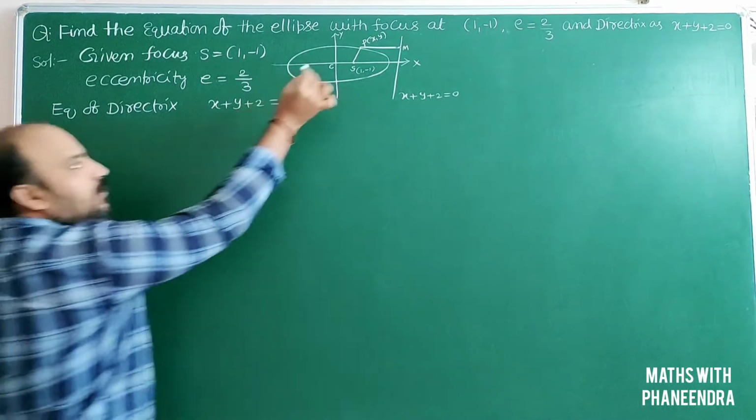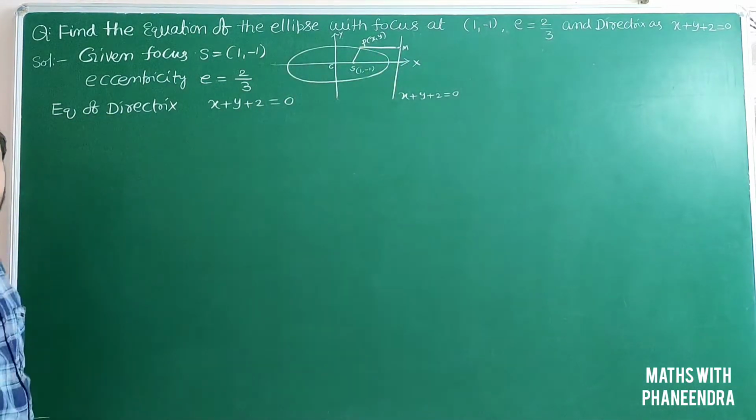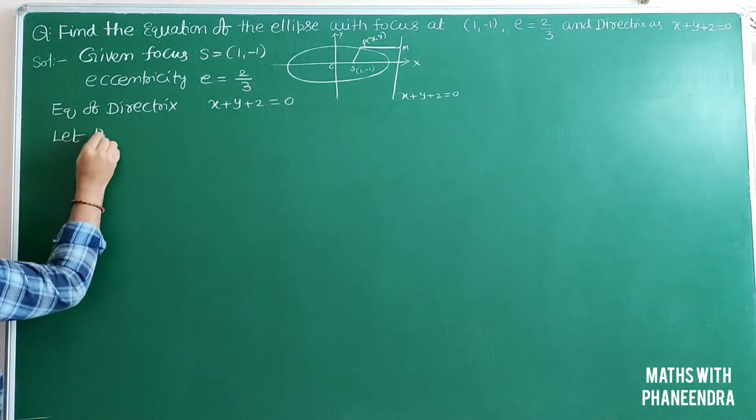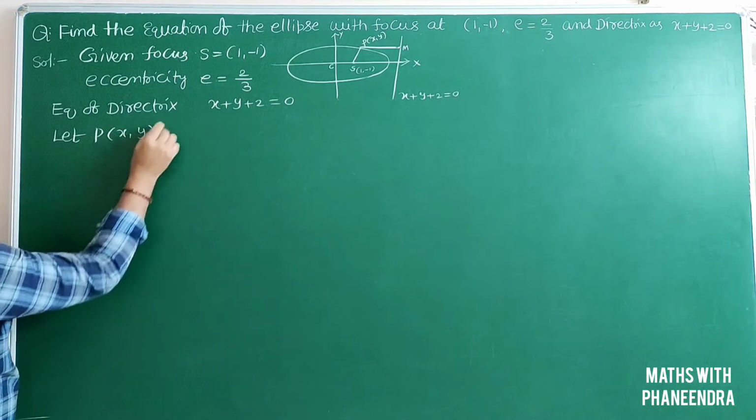After that, let P(x, y) be any point on the ellipse.